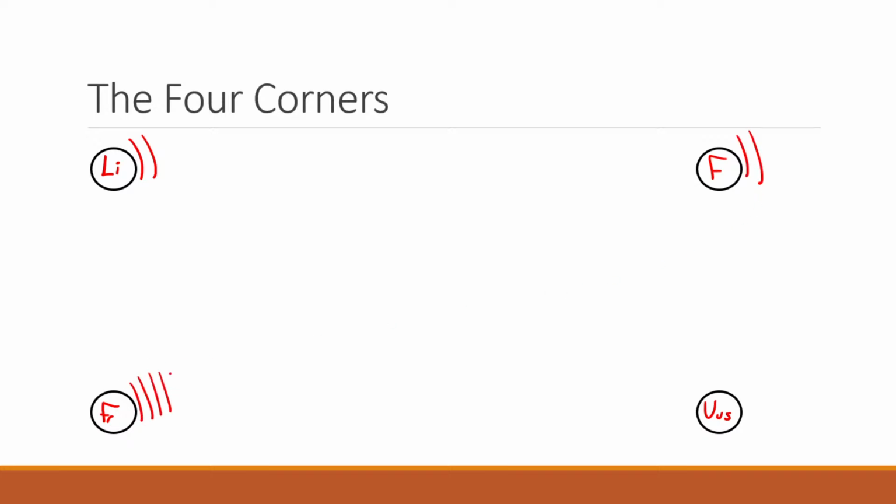Francium and ununseptium have 7 shells. Lithium and francium have 1 valence electron. Fluorine and ununseptium have 7 valence electrons.